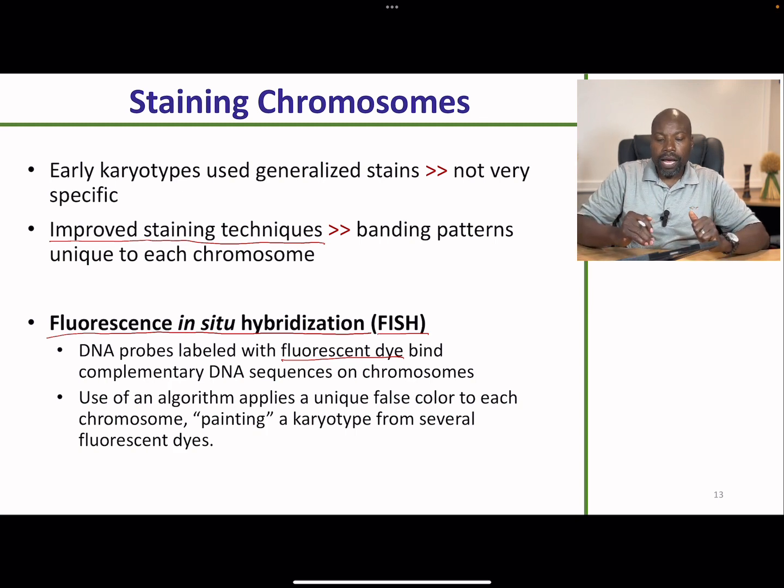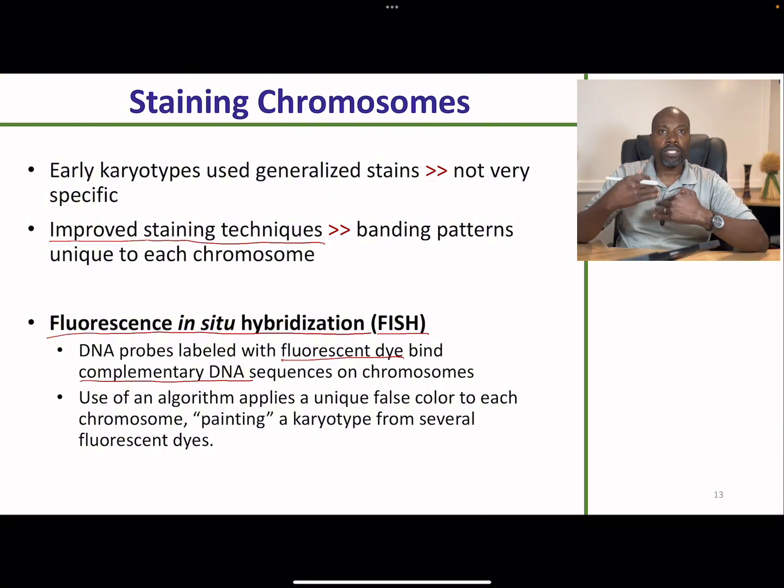And then after these probes have been associated with a fluorescent dye, these probes are going to attach to complementary strands of DNA. Okay? And when they are attached to complementary strands of DNA, then we are going to read the result.